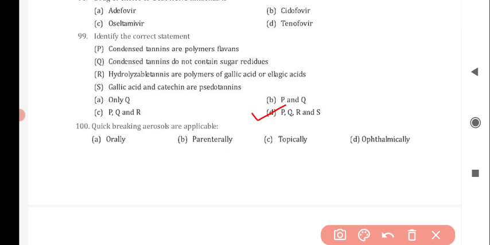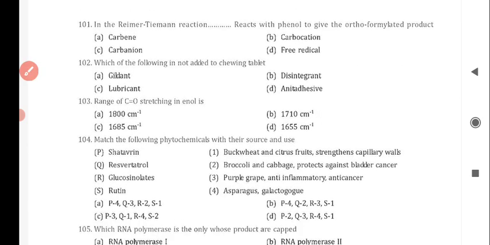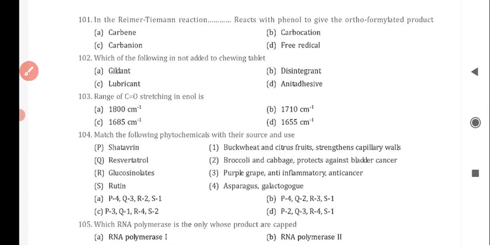Next question is quick breaking aerosols are applicable, and the correct answer is option C, topically. Next question is in the Reimer-Tiemann reaction, dash reacts with phenol to give the ortho-formylated product, and the correct answer is option A, that is carbene.